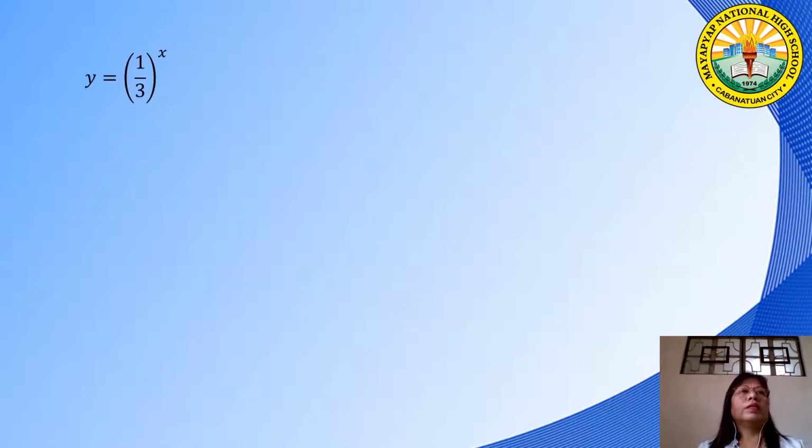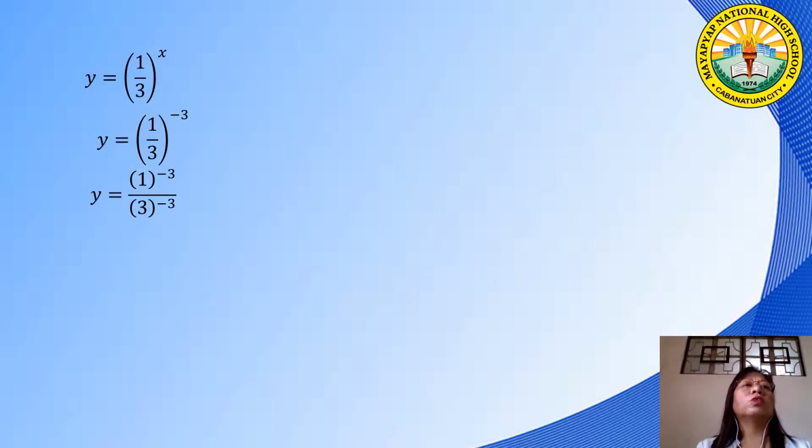Okay, for the given exponential function y = (1/3)^x, you replace x with the assigned value, so it becomes y = (1/3)^-3. With this negative exponent, you distribute it in the fraction, so that becomes y = 1^-3 divided by 3^-3.